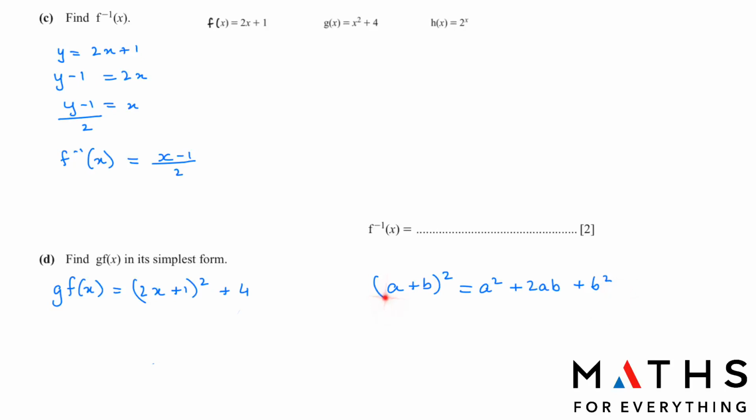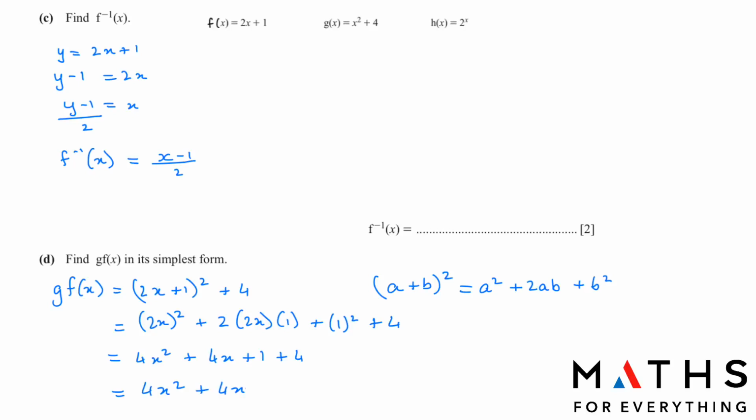A is 2x and b is 1. We are going to replace it in this identity. We'll get (2x) squared plus 2 times (2x multiplied by 1) plus 1 square plus 4. This will give us 4x squared plus 4x plus 1 plus 4. And we can further simplify it by adding the 1 and the 4, which is 5.